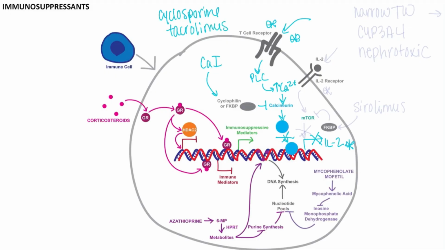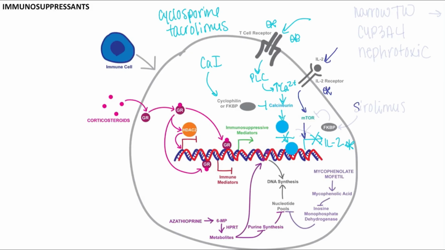So now the next agent is very similar to the first two, but works a bit later in this T cell activation cascade. So interleukin-2, as well as several others, are very important cytokines for promoting T cell activation and proliferation. So when interleukin-2, for example, binds its interleukin-2 receptor, downstream activation of the mammalian target of rapamycin, or mTOR, occurs, which is a key kinase involved in cell cycle progression and T cell proliferation.